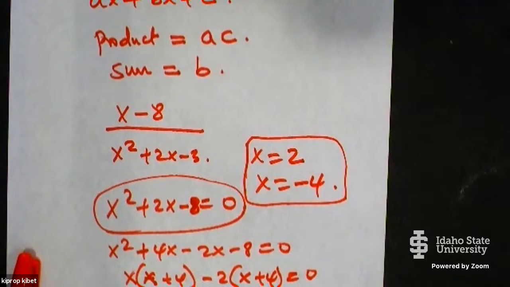So it says Kevin has a collection of 41 coins consisting of nickels and quarters. The total value of the coins is that one. Let n be the number of nickels and q the number of quarters in that collection.